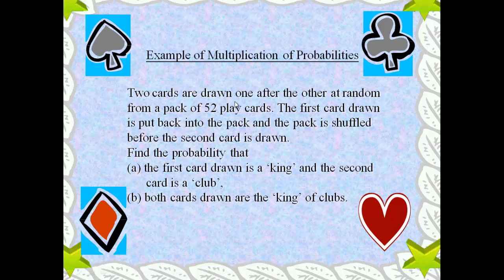Looking at this example, if 2 cards are drawn one after the other at random from a pack of 52 cards, the probabilities all depend on whether we return the card to the pack. If we don't return the card to the pack, the second probability will be out of 51. But if we do return it to the pack, then the probability of drawing a king and then a club will be as they would from a pack of 52 cards.